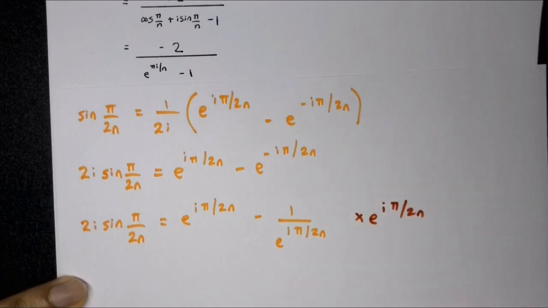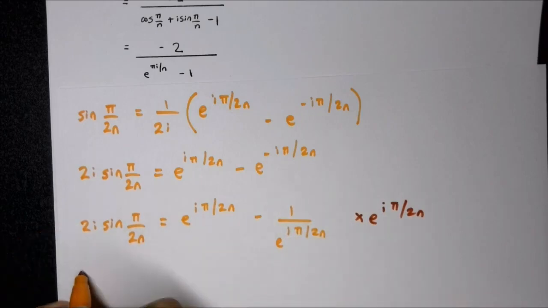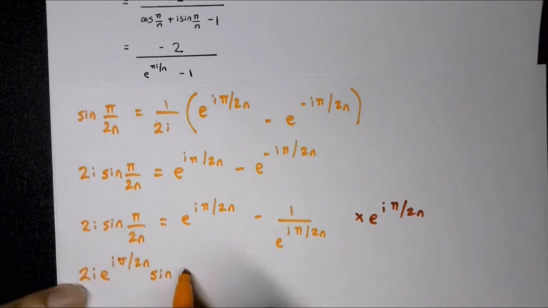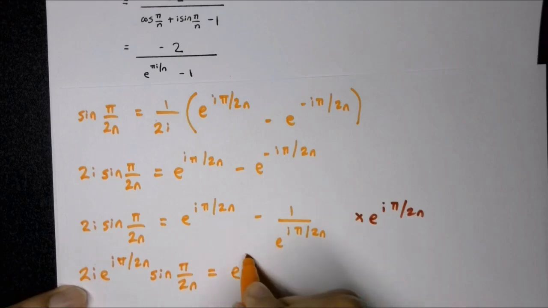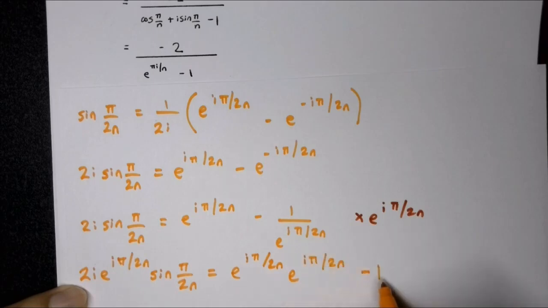If we do that, we have this result times by this, so this turns out to be 2i e to the i pi over 2n times by the sine of pi over 2n, and this is equal to e to the i pi over 2n, lots of e to the i pi over 2n minus 1.